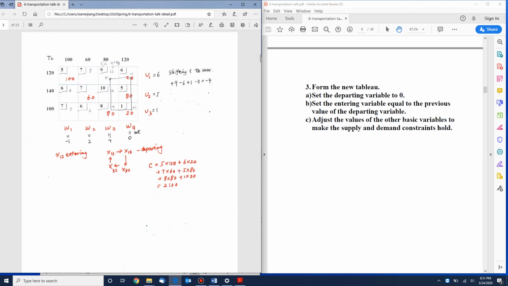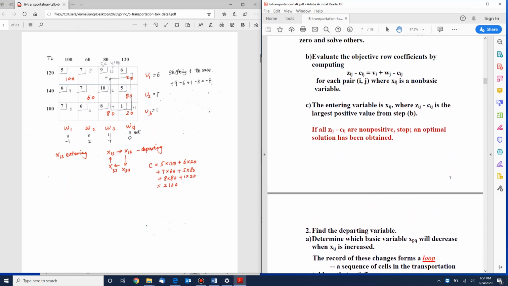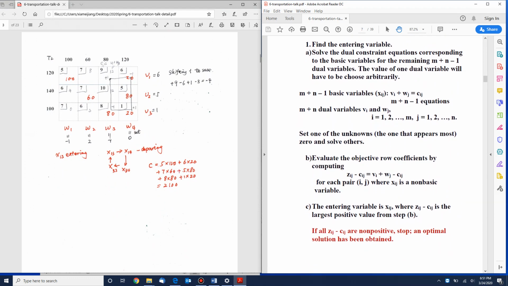Okay, now, because in the last tableau, when we tried to find the entering variable, we used those equations to find the values of the dual variables and then worked on zij minus cij for those non-basic variables. And when we have a new tableau, we have to repeat the process until we reach the optimal solution, right?